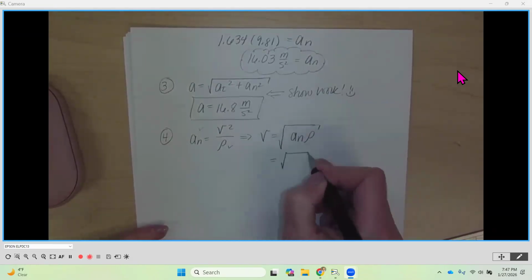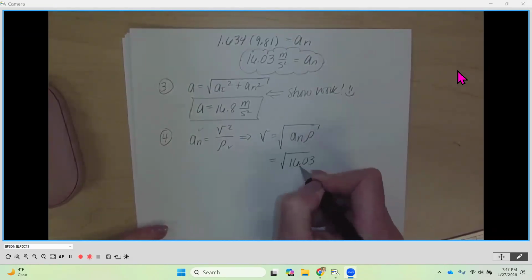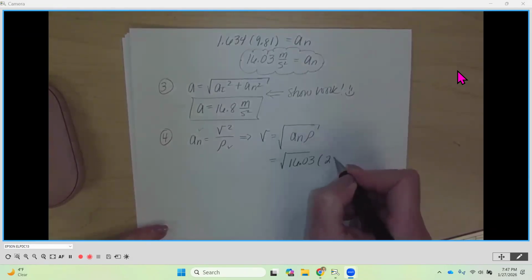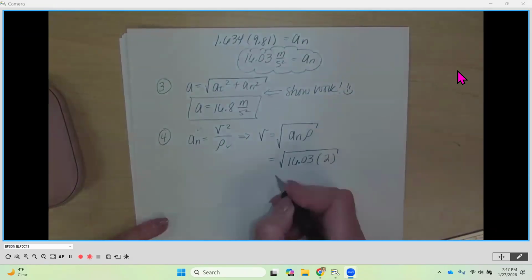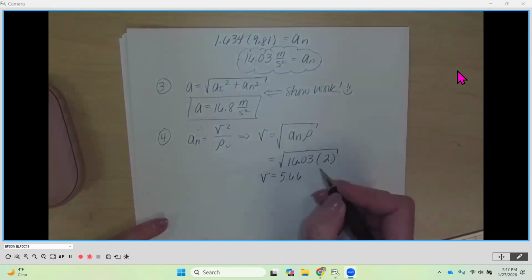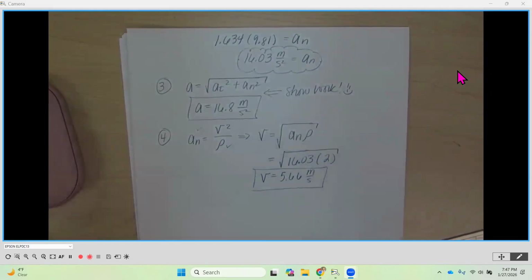So this is the square root of 16.03 times 2 meters. You should get a velocity of 5.66 meters per second. Did you get that same number? Awesome.